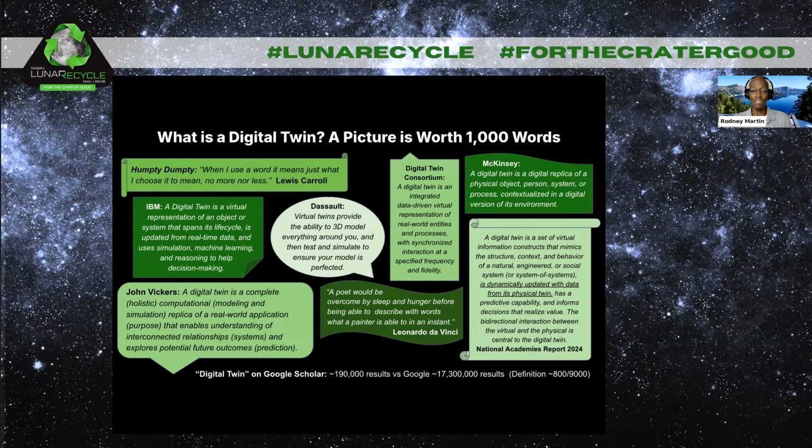Now, given that he was the individual to which the introduction of the term digital twin can actually be attributed back in 2010 with a NASA technology roadmap, it's certainly well within his prerogative to take that stance.